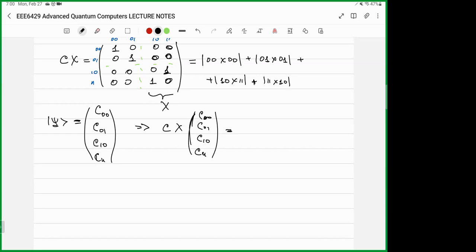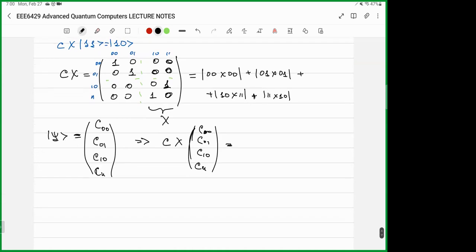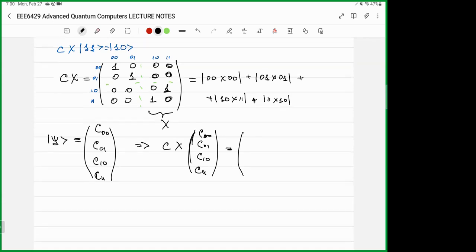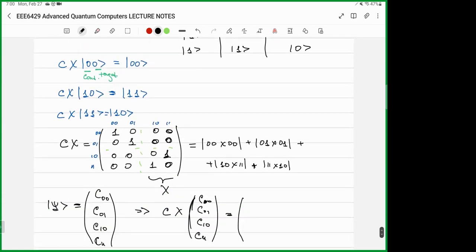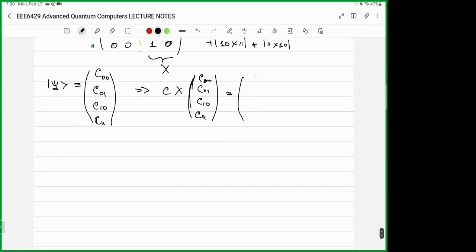I assume that my first index is the control, and the second is the target. That means if my control index is 0, the target doesn't change, so these two elements don't change. But then the first index of the others is 1, so my control is 1, and I have to flip the target.